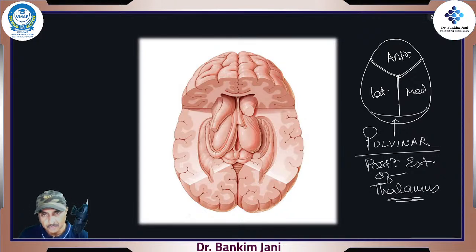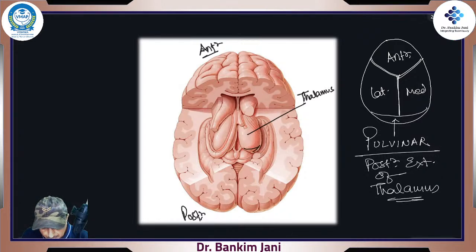Can we see it? We can, because it is easy to figure out. If this is the thalamus, this is anterior, this is posterior. The posterior of the thalamus, this one, is the pulvinar.